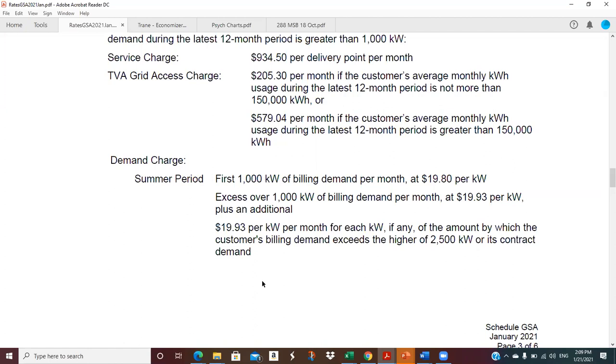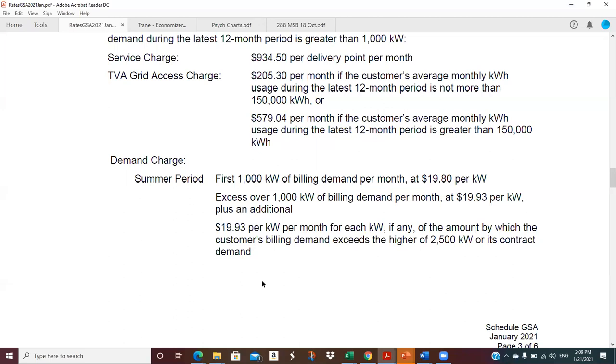Excess over 1,000 kW billing demand per month goes up a little bit, 19.93. And then there's a charge per kW per month for each kW, if any, of the amount by which the customer's billing demand exceeds the higher of 2,500 kW or its contract demand.